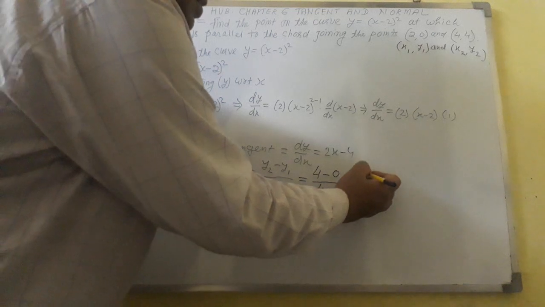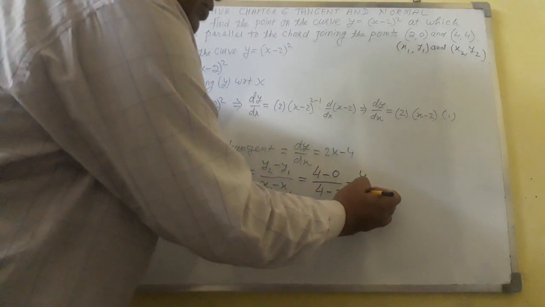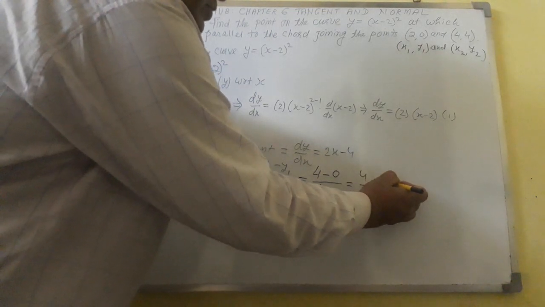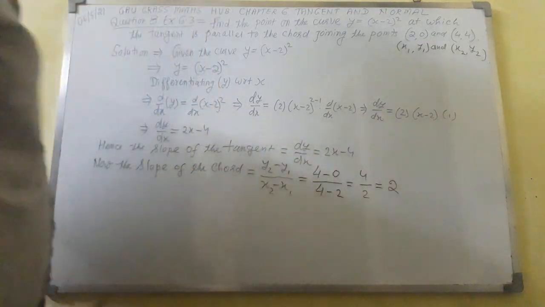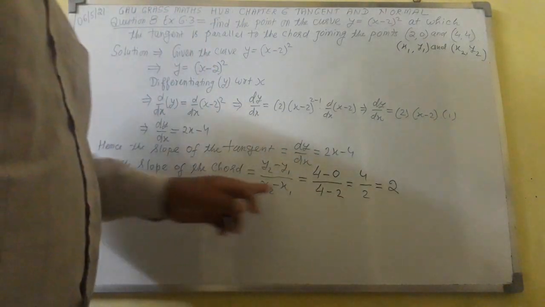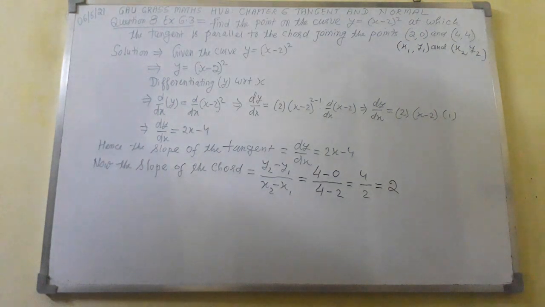You will get 4 over 2, which comes out to be 2. The slope of the chord we have got equal to 2.